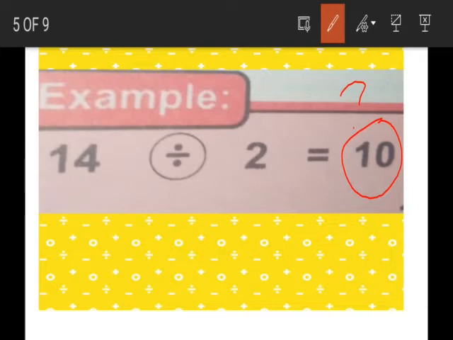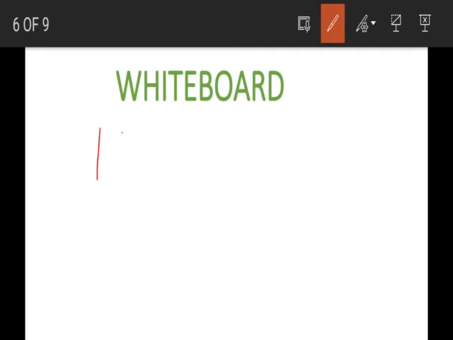To get 10, what you simply do is 14 divided by 2 is 7. Now, there is an imaginary number that is also used in this example, and that number is 3.